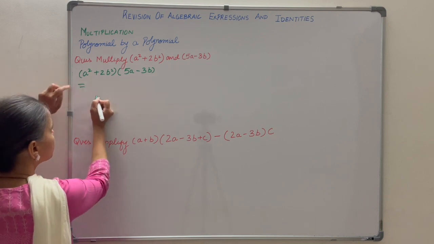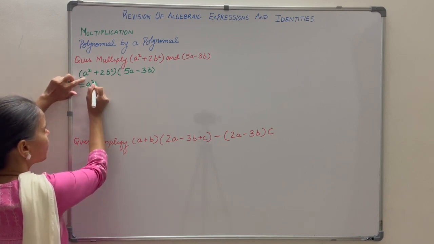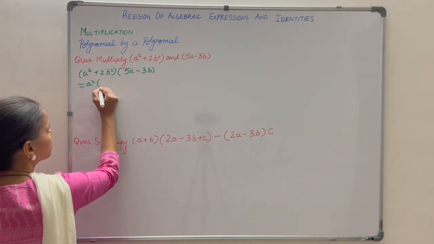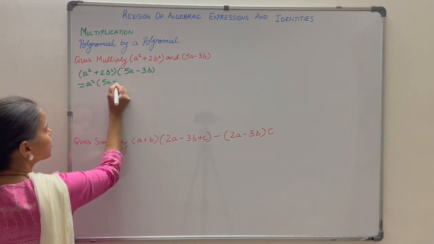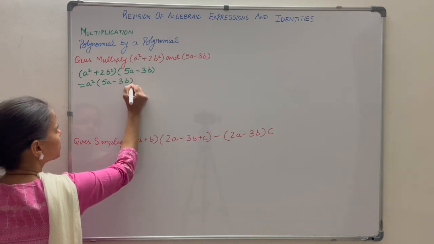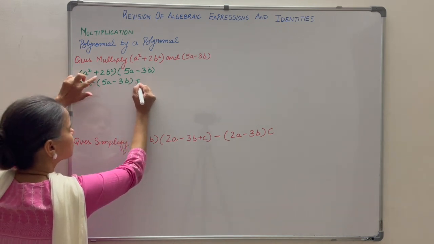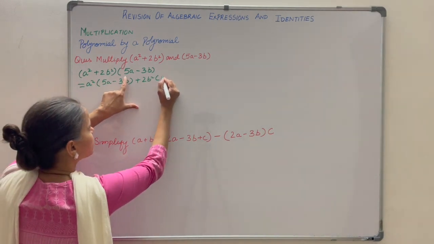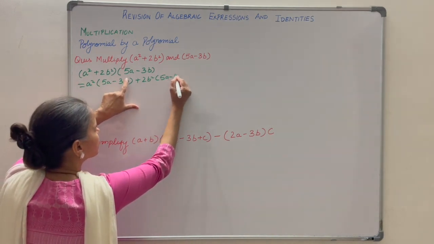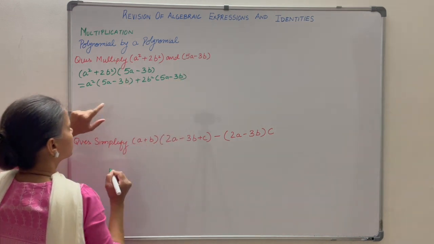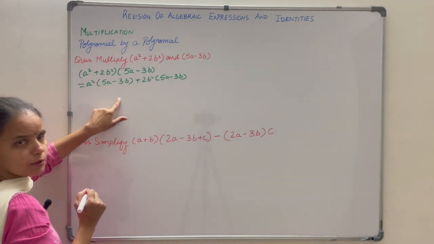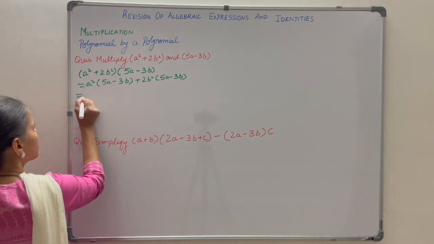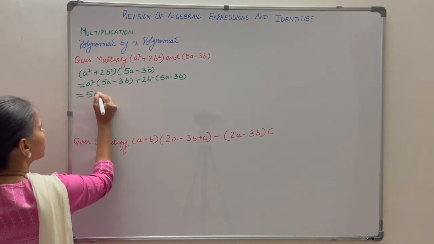So what are we going to do? We are going to multiply a square with this complete expression, that is 5a minus 3b, plus 2b square with this 5a minus 3b. Now we use distributive property. 5a into a square is 5a cube.